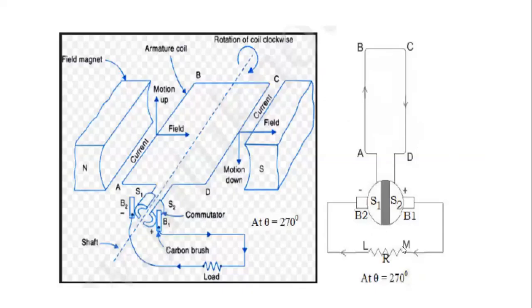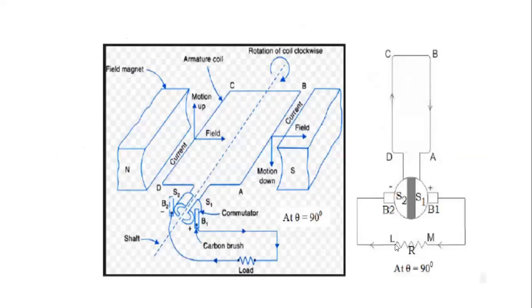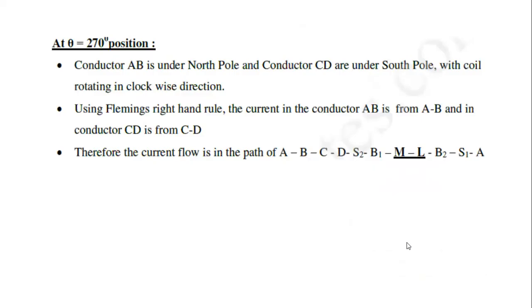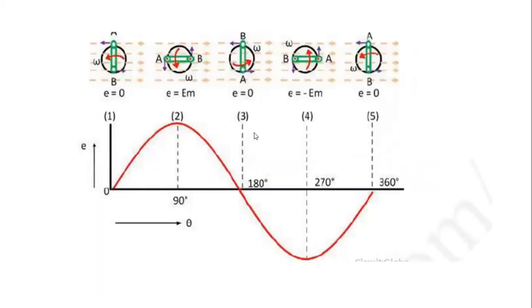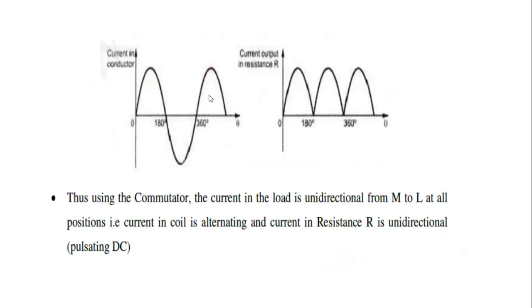While we are observing the current direction for this diagram, that is A, B, C, D, B1, M to L. When we are observing the current direction for that load, it is M to L in the first case, and in the second case also the direction for the load is M to L. Okay, that's why we get the output when we are using the commutator segments like this.